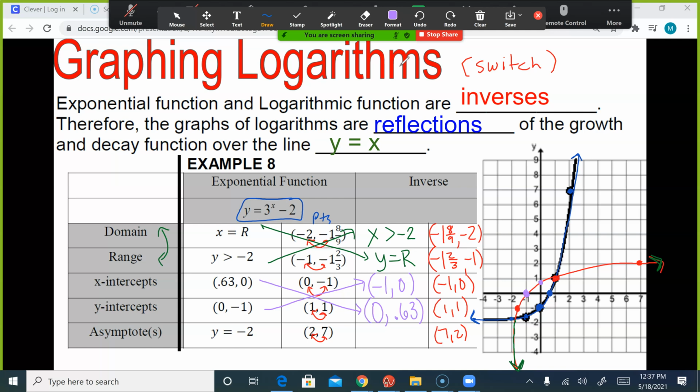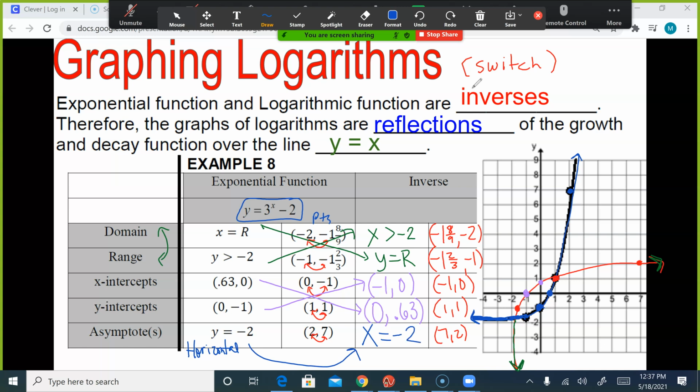And then the last thing is the asymptote. So in the exponential, we had a horizontal asymptote. The horizontal line is y equals -2. So that's where this graph flattened out. When we switch it around, we're actually not going to switch it with anything. We're just going to change it to an x equals equation.